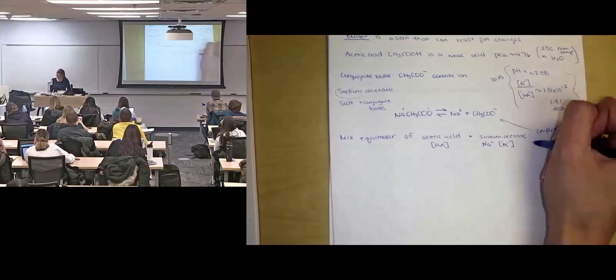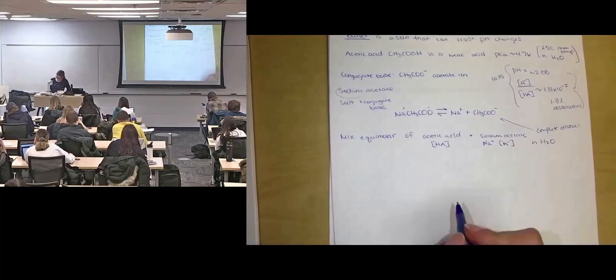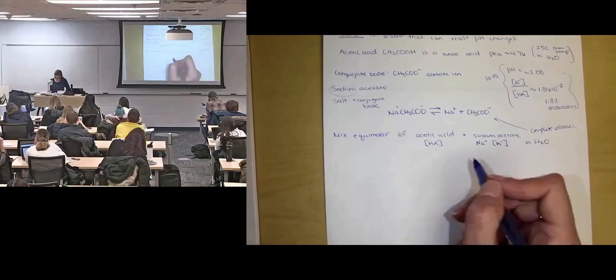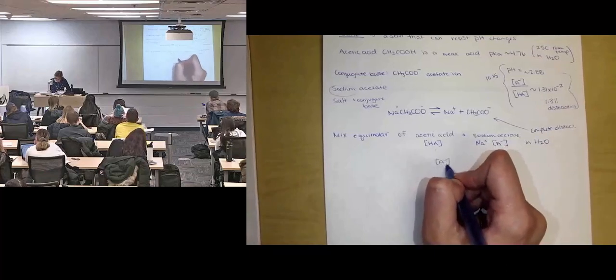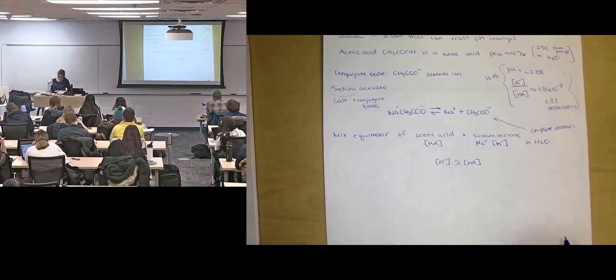Mix equal amounts in water. I can make myself a buffer. This is not going to dissociate appreciably. This is going to dissociate completely. And so I'm going to set up this relationship here. And then I will know that I've made a buffer where my pH is approximately the pKa of acetic acid.